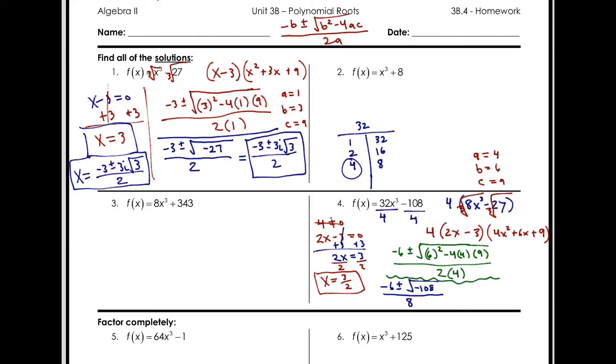So we know that that negative has to come out as an i, and then we'll take the square root of 108, which becomes 6 radical 3. And so we know we'll have a negative 6 plus or minus. We said it's a 6. We know the i came out, and then radical 3 over 8.